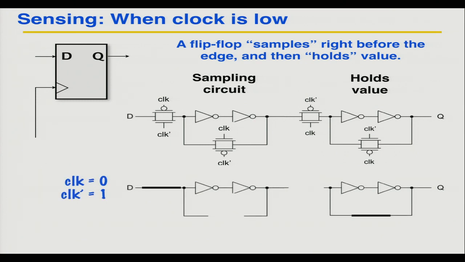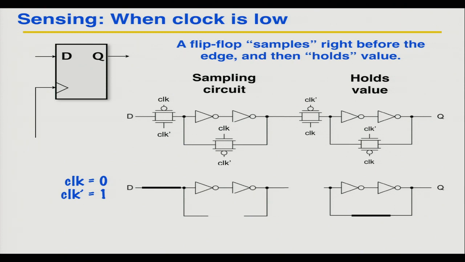Clock is low, clock bar is high. And remember, the first latch here is a negative level sensitive latch, and this is a positive level sensitive latch. You can see that because the clock connections are inverted here. That's clock bar here, that's clock bar here, that's clock, etc.